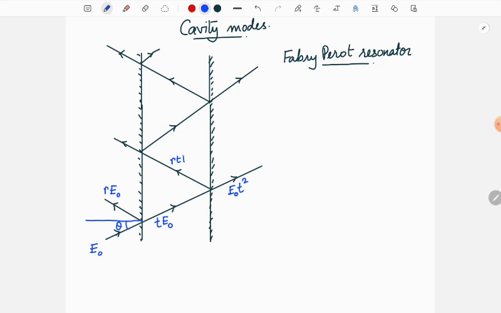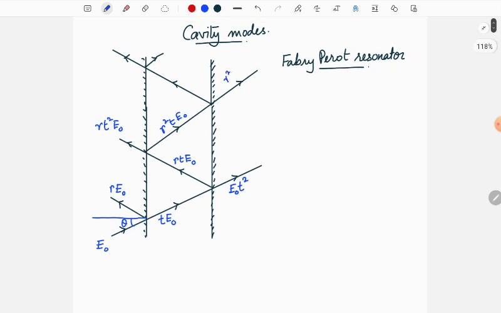r t E naught, and this again comes on this side, so it should be r t square E naught, and this part would be r square t E naught, and this would be r square t square E naught, and so on.